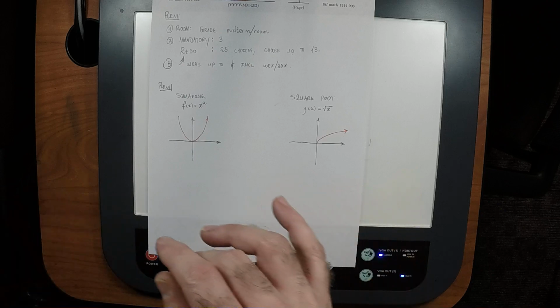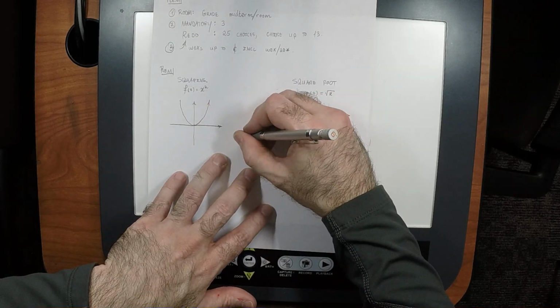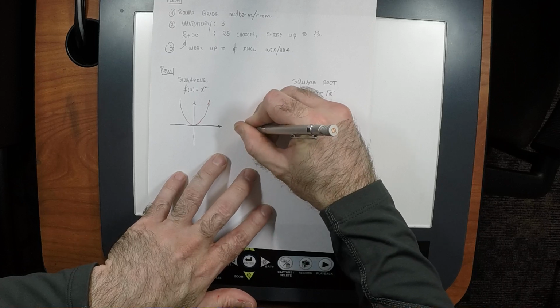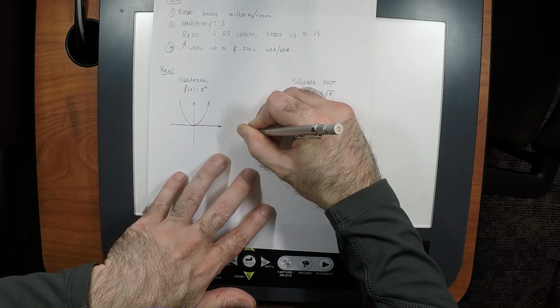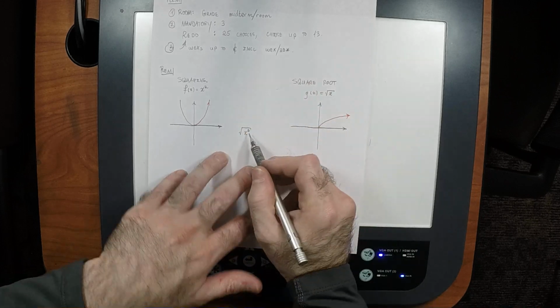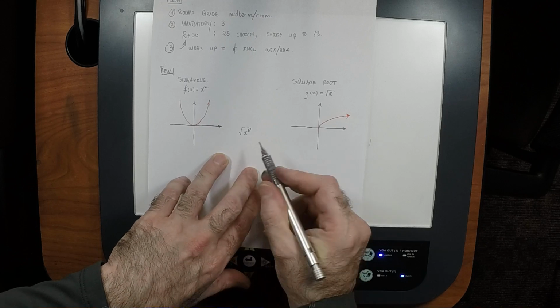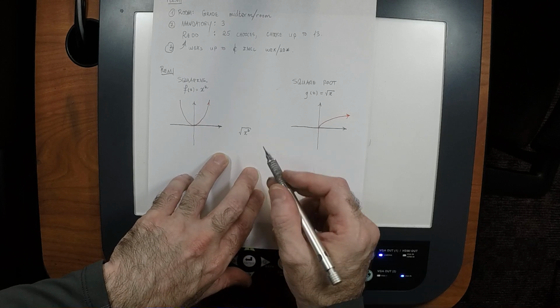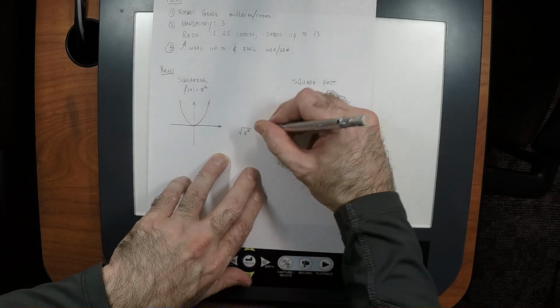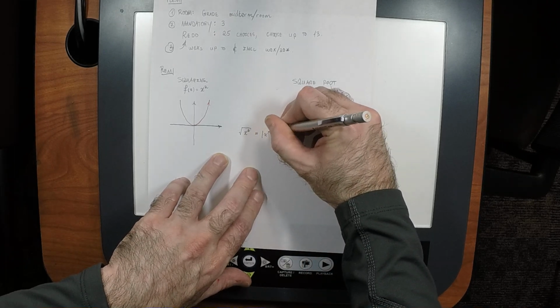So that is a visualization of the following kind of thing that I've been trying to say as many times as possible all semester long. If you take an x and you square it first, and then after that you compute square root, what do you get? You get absolute value of x.